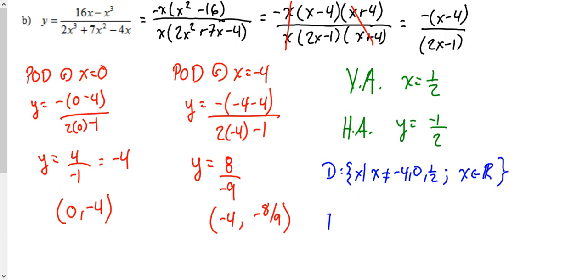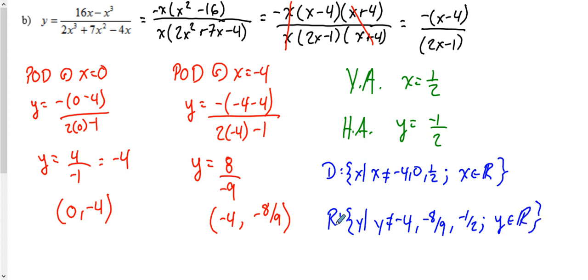Down here for our range, y such that y cannot equal, again I'm looking at my horizontal asymptote, this y value and this y value over here. So we have y cannot equal -4, -8/9, and -1/2, leaving me with y is an element of a real after that.